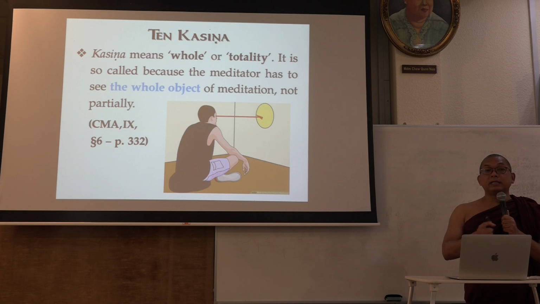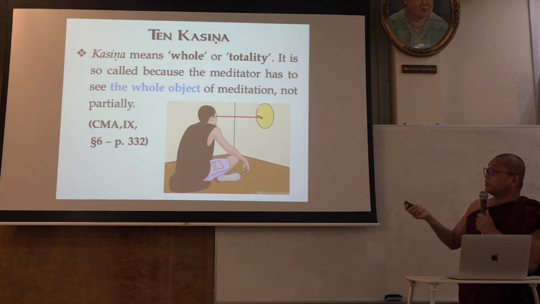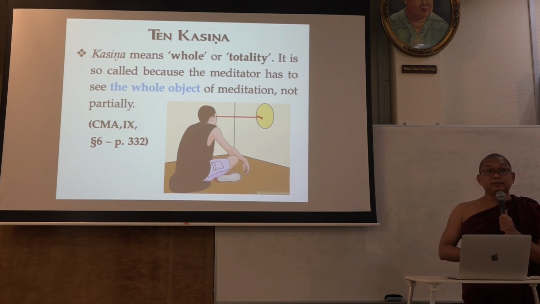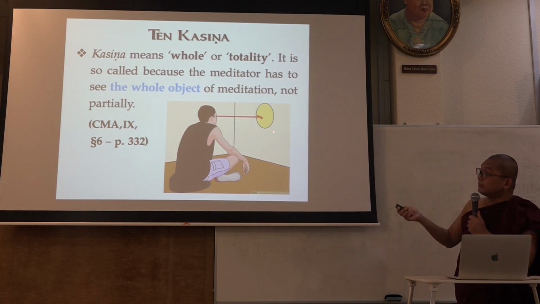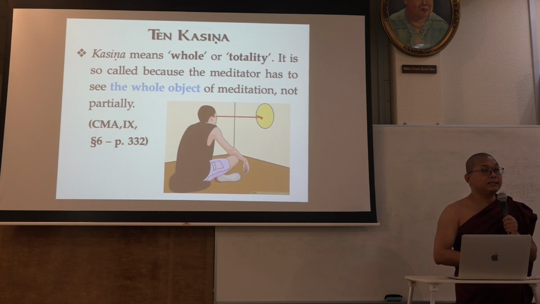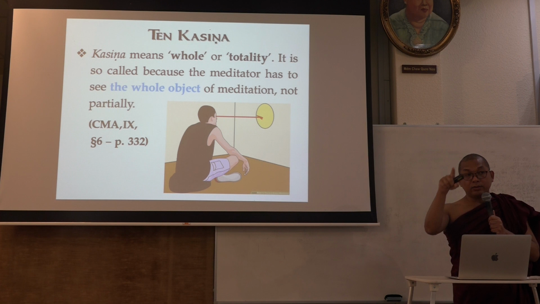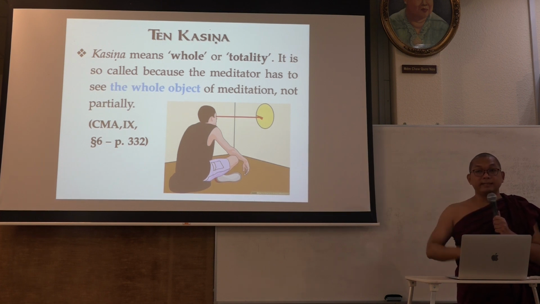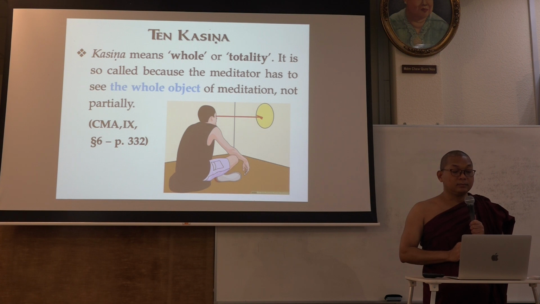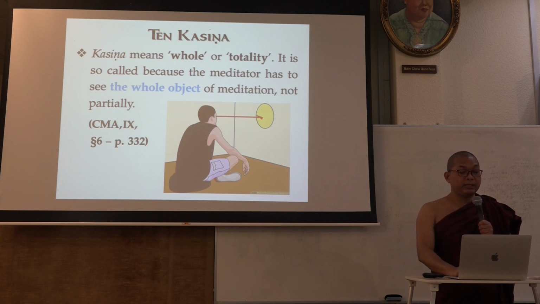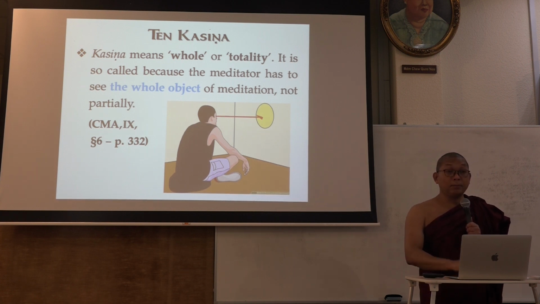So you have to look at the whole kasina object, not only one part. If you're looking at one part, it's not a kasina. Kasina means whole. The meditator has to see the whole object of meditation, not partially.